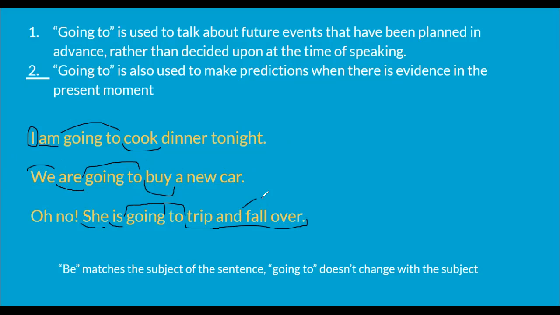Fall also base form, not falls, not fell, not trips, not tripped, but trip and fall. So let's say कोई आपने banana peel देखी at the road, and someone is walking there, and you look at it and you think, oh no, she's going to step on this banana peel, she is going to trip and fall over. So this is a prediction that you've made with evidence in the present moment.